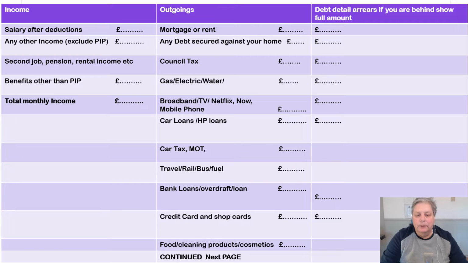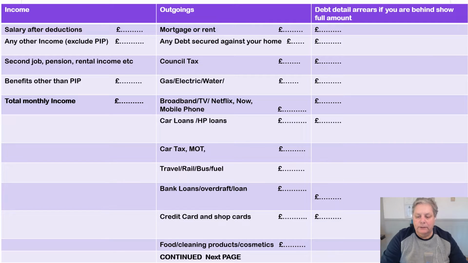For example, your mortgage may be a £400,000 mortgage, or it may be a £100,000 mortgage, but whatever's left on your mortgage should go in here, and any other debt secured by a home, etc. So we're looking at the lump sum of the debt actually owed in total.